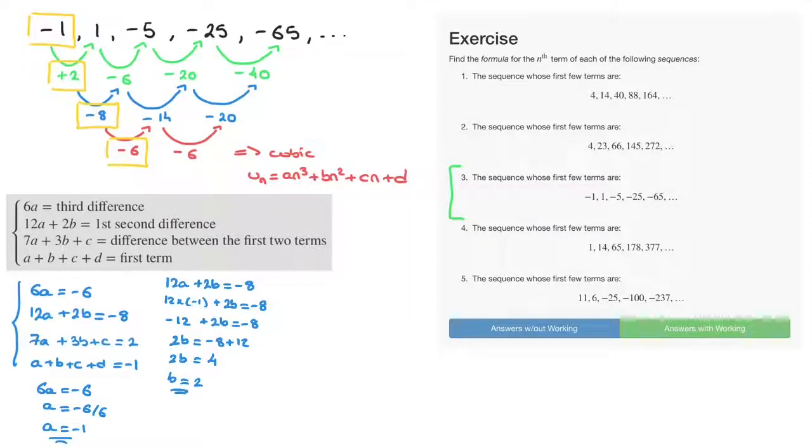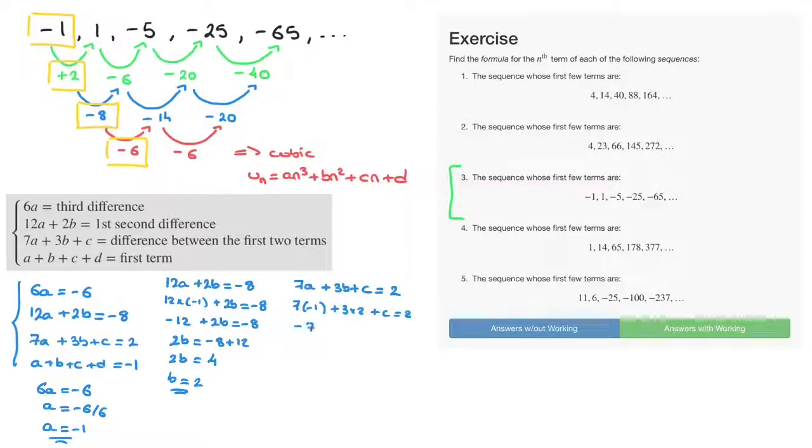Now that we have b, we move on to the third equation, and that was 7a plus 3b plus c equals 2. But we know what a is and we know what b is, so that becomes 7 times negative 1 plus 3 times 2 plus c equals 2.